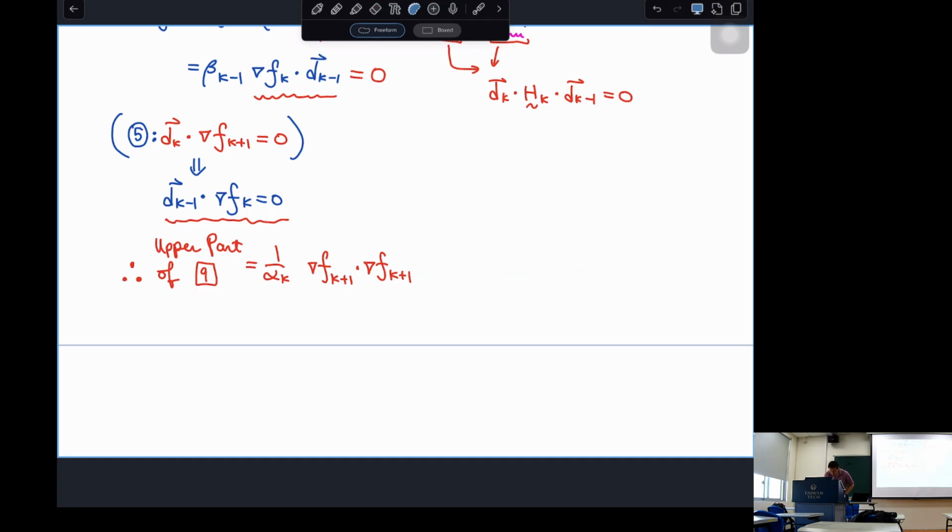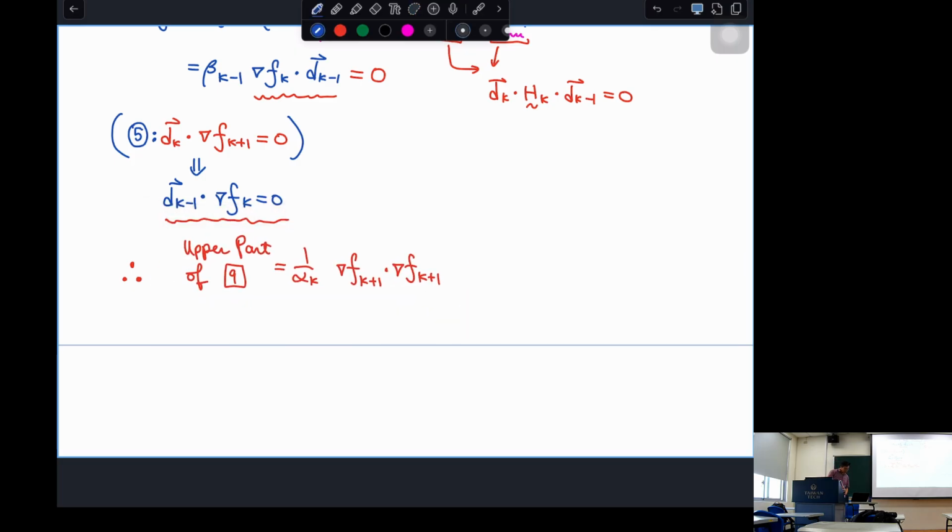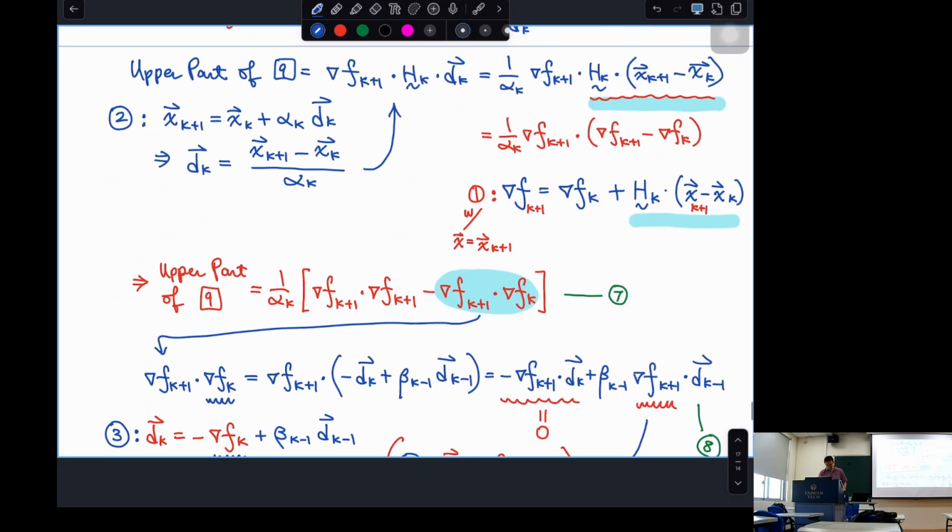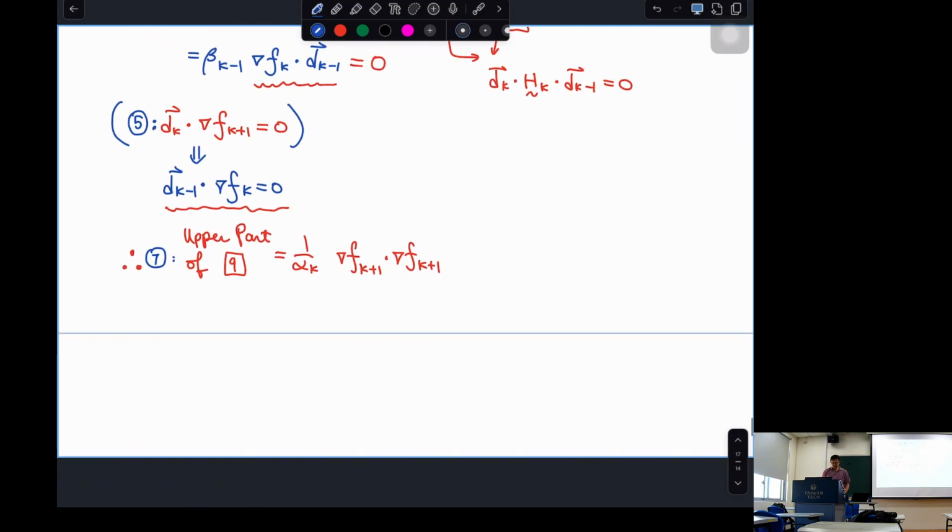From equation 7, this is what we got in 7, right? The upper part of 9 now equals this.